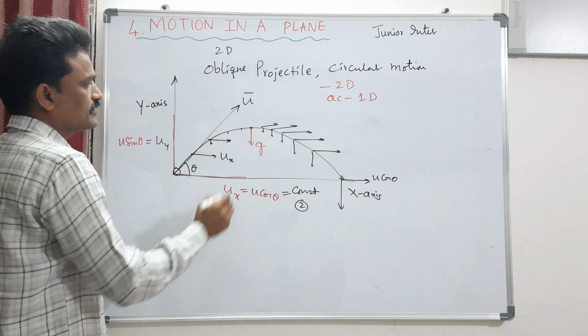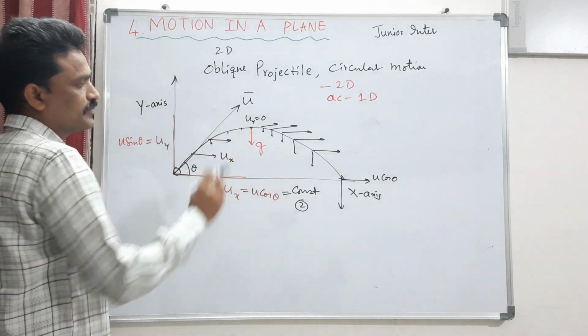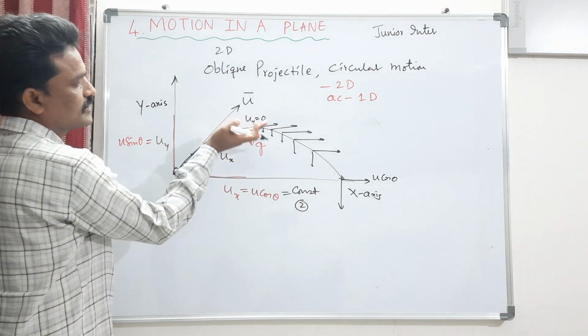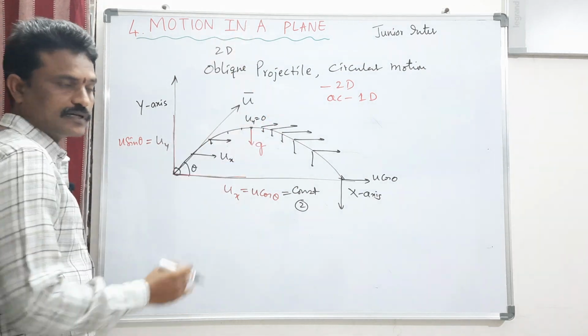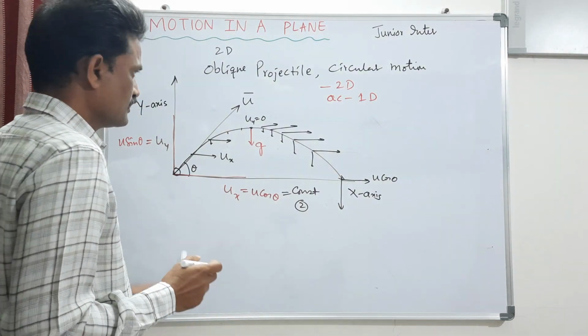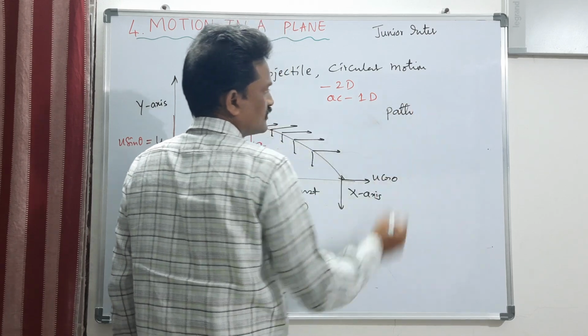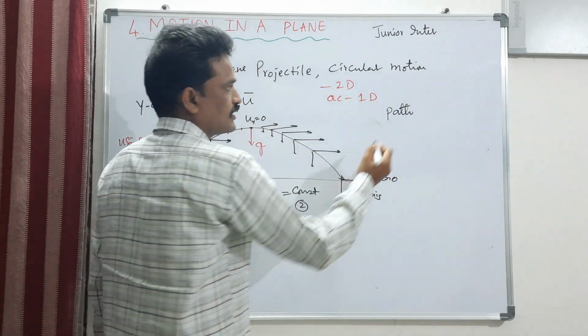At the maximum height, uy is 0. Since uy is 0 at the maximum height, the projectile cannot go beyond this point. It can't go above that point. Is this clear? Right.